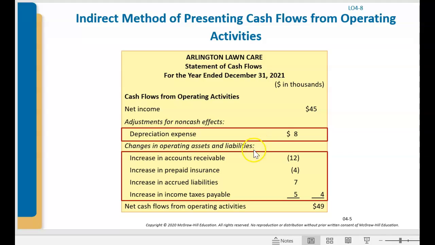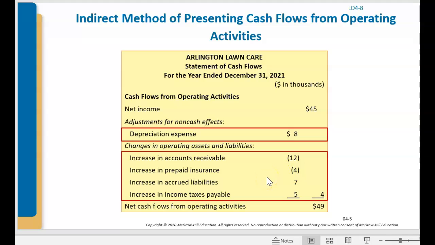So in this case, there was an increase in accounts receivable, which is subtracted, okay? The subtraction means it reduces the cash, okay? An increase in prepaid insurance, the parentheses means it was a decrease in cash.